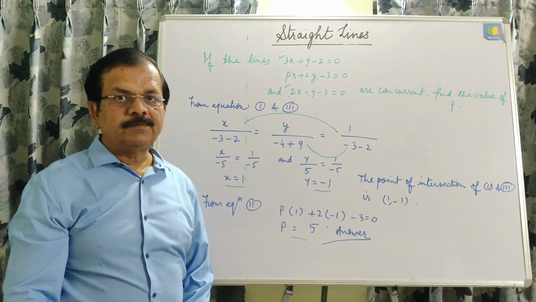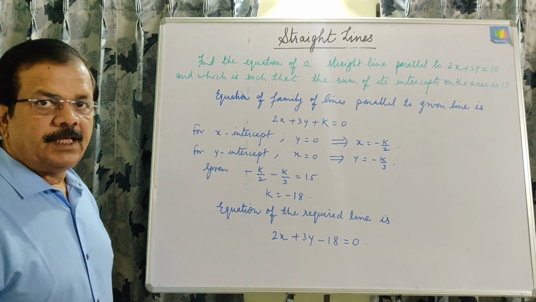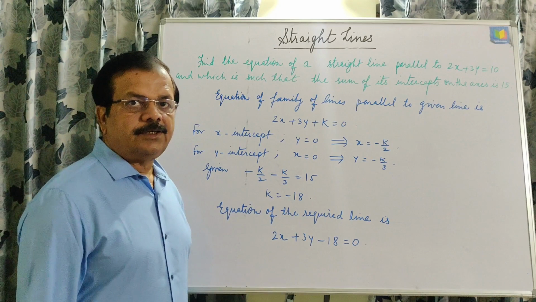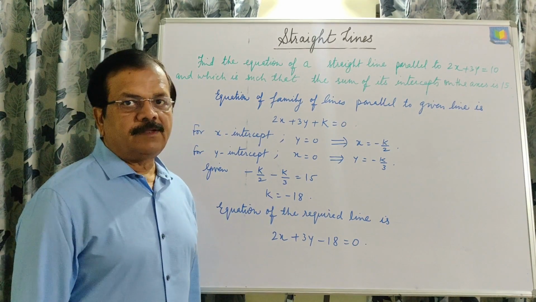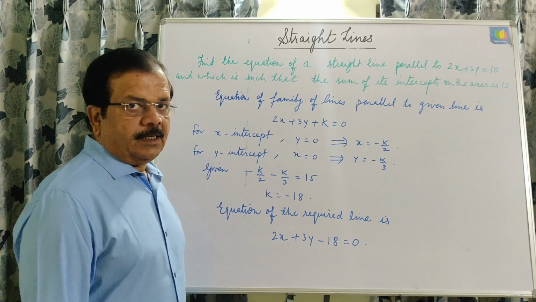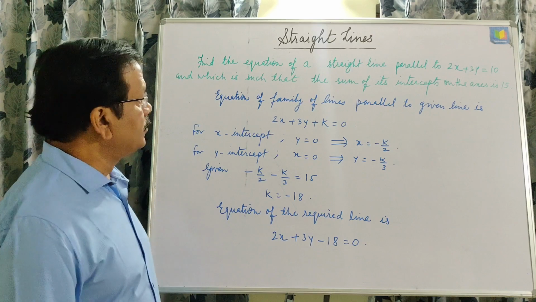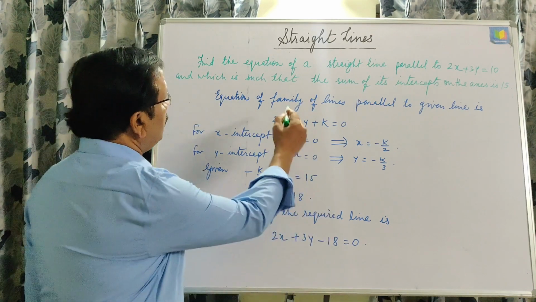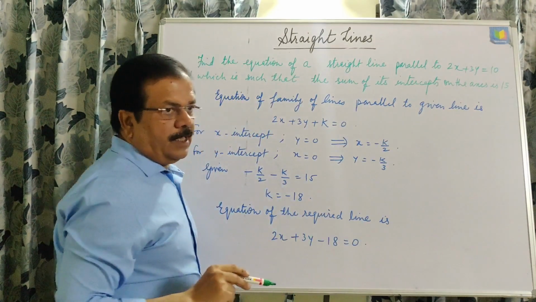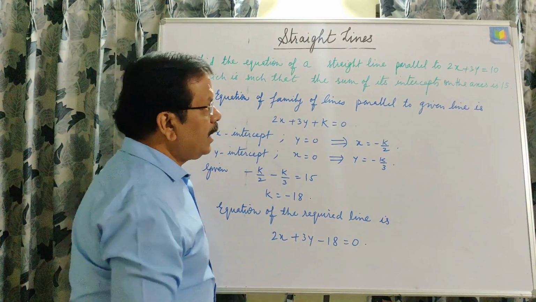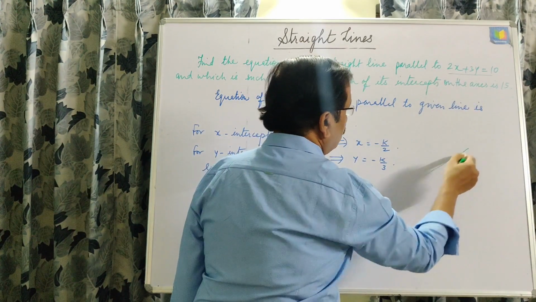Now next question. This question is related to the family of lines. Actually, due to the pandemic, this year this is excluded from your syllabus, but we will do one or two questions related to family of lines. Here we have to find the equation of a straight line parallel to the given line, and we know that there are infinite number of straight lines which will be parallel to any line.